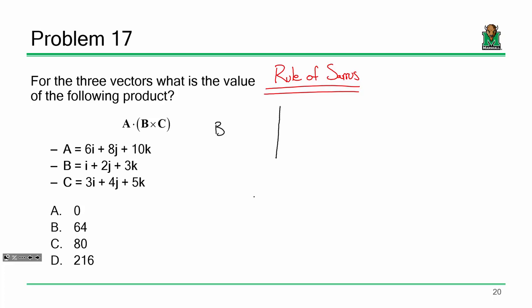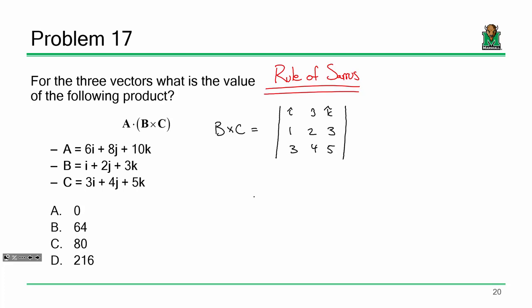So if we want to do B cross C, we have i, j, k. And then we write down the coefficients for B and C. So, was it 1, 2, 3, 3, 4, and 5? And we take that determinant, right?